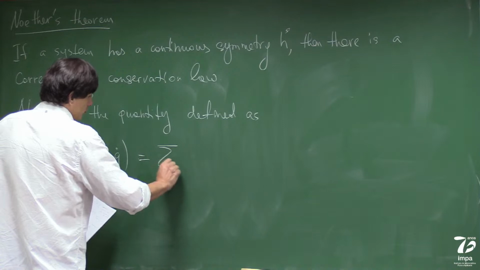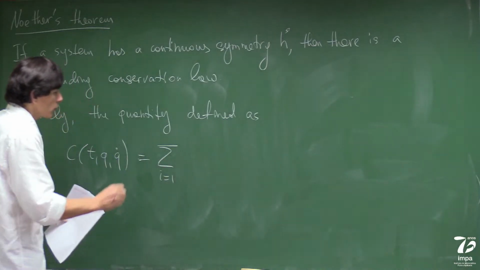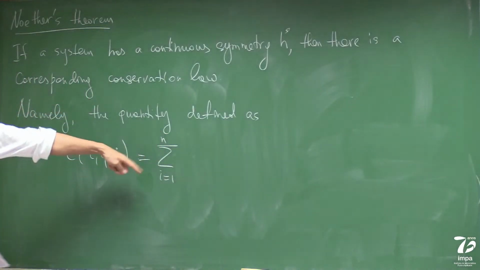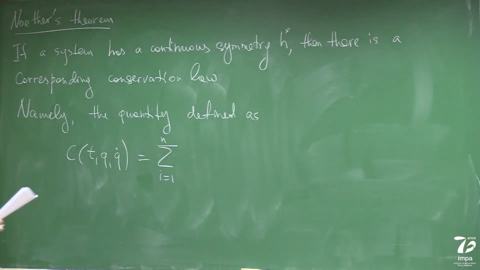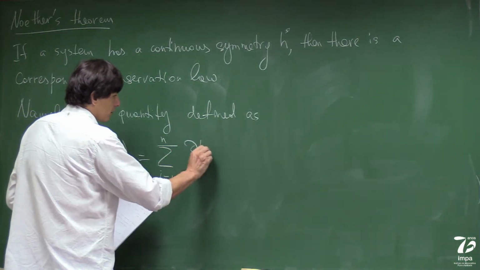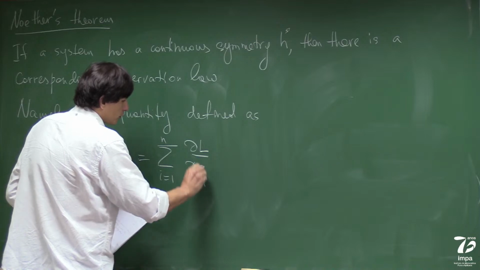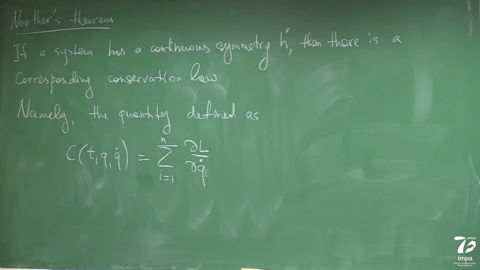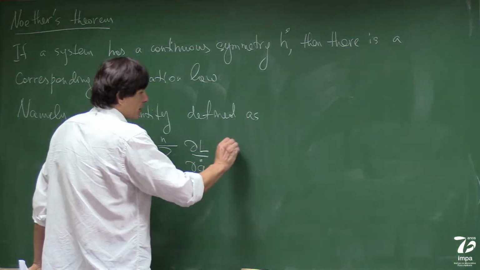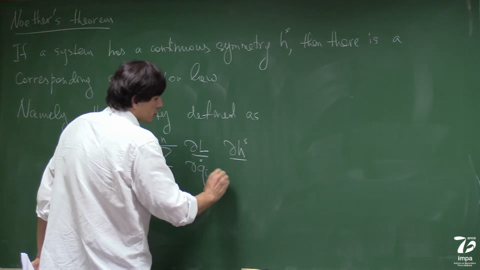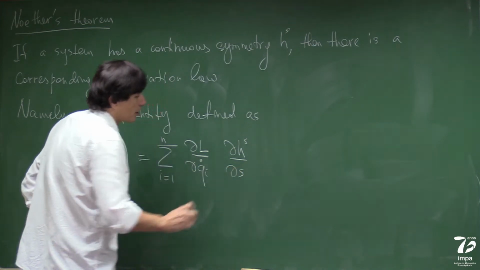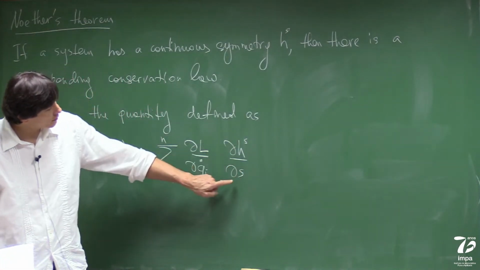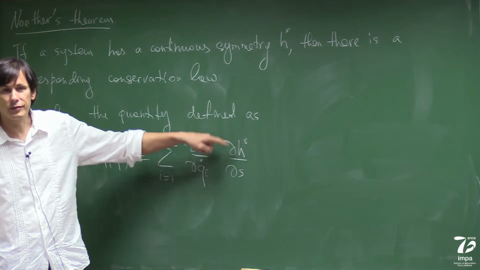We have n coordinates. We differentiate the Lagrangian with respect to velocity, and then we differentiate the symmetry function with respect to the parameter. This is where we need S to be continuous, so that we can differentiate it.